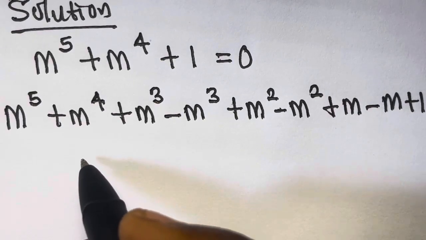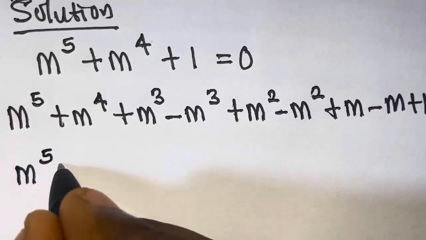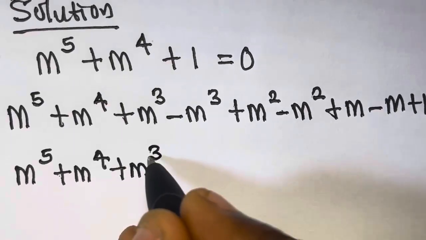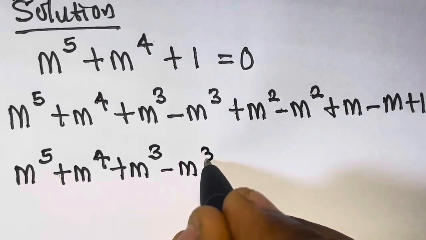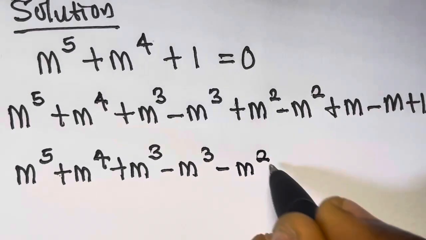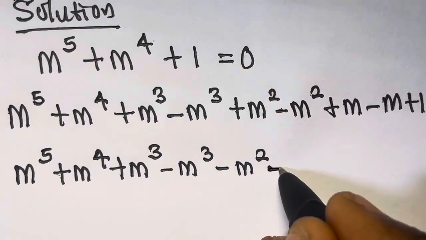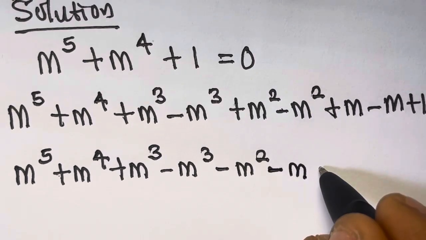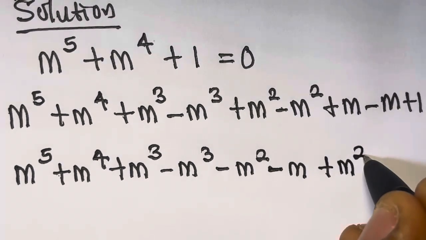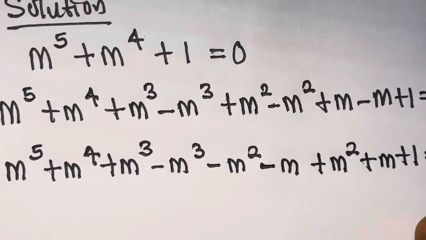So we'll have m raised to the power 5 plus m raised to the power 4 plus m raised to the power 3 minus m raised to the power 3 minus m square minus m plus m square plus m square plus m plus 1 equals 0.